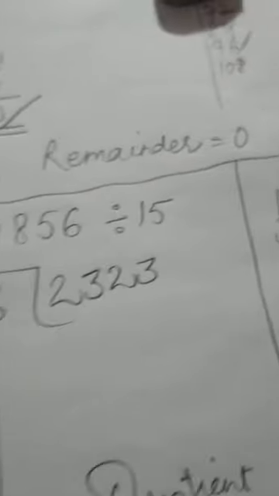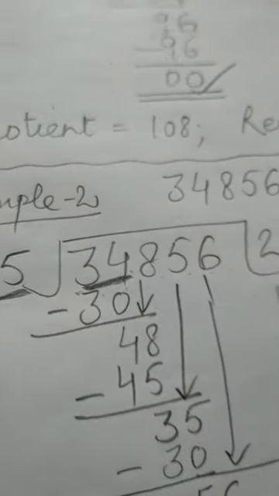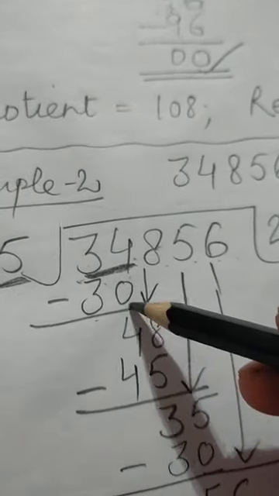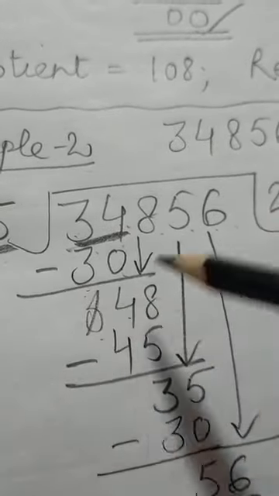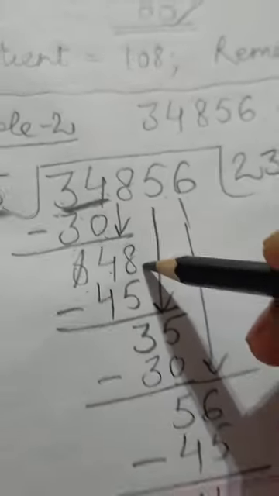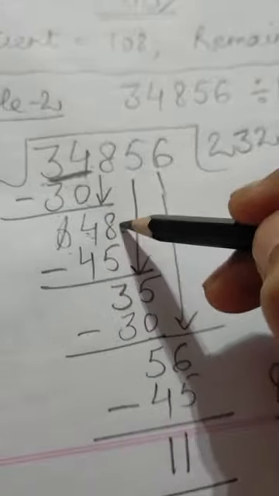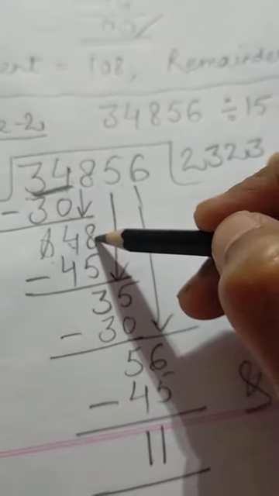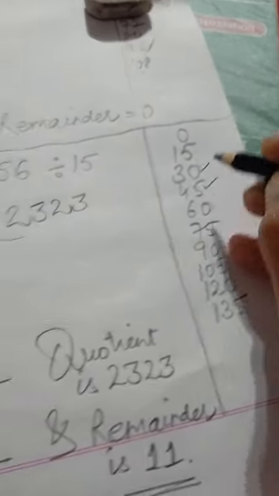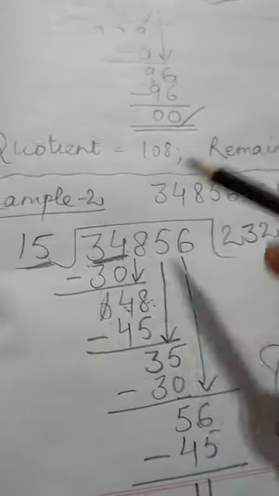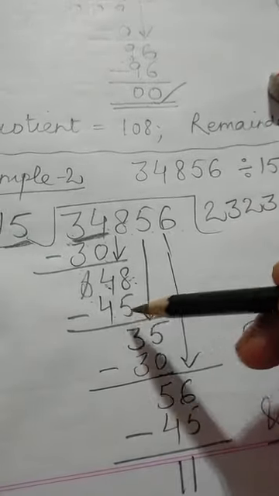It is 30, 15 times 2 is 30. When you subtract, 4 minus 0 is 4, and we bring the next digit down, so it becomes 48. Under 48 we can write 45, so 15 times 3 is 45.